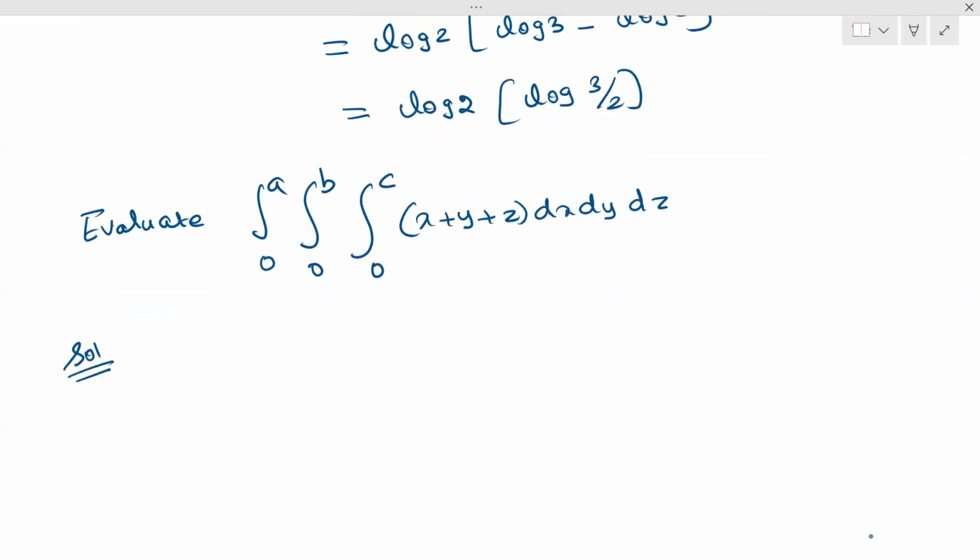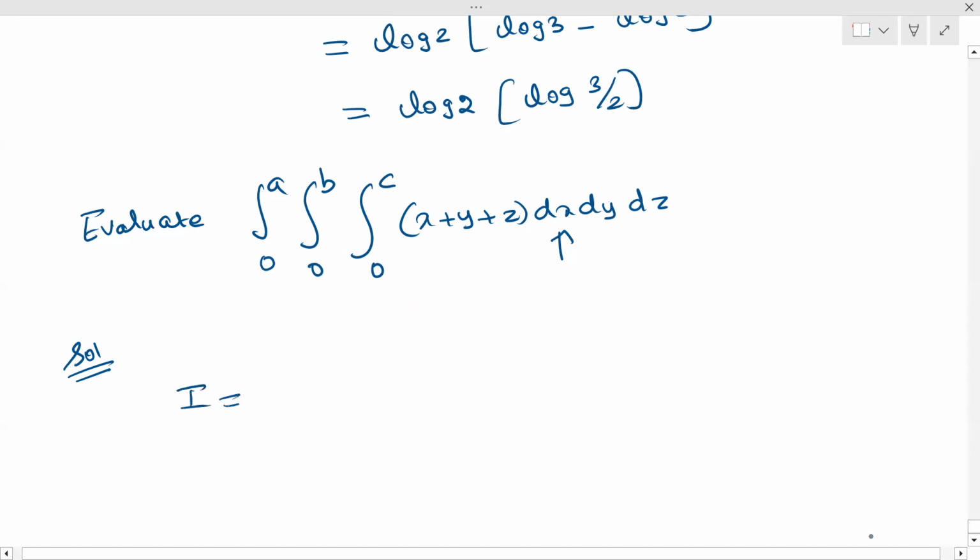See this problem. First, we do the integration with respect to x. Next, we do the integration with respect to y. Lastly, we do the integration with respect to z. See the limit, that is very important. Here, the limits have only constants, so it is very easy for us.